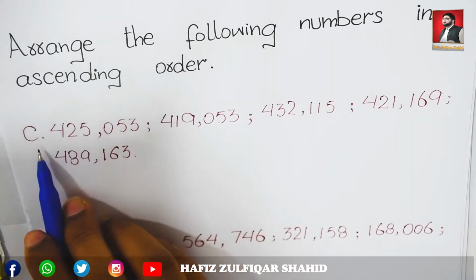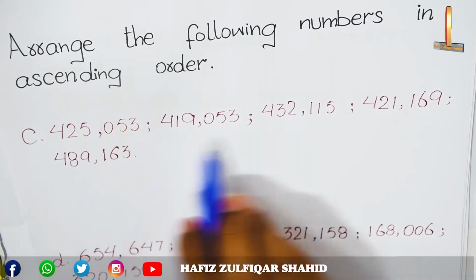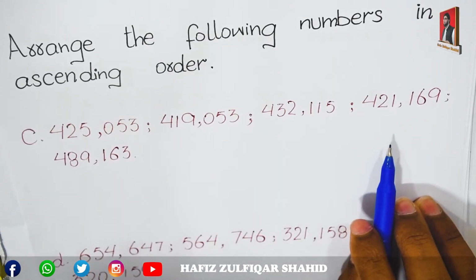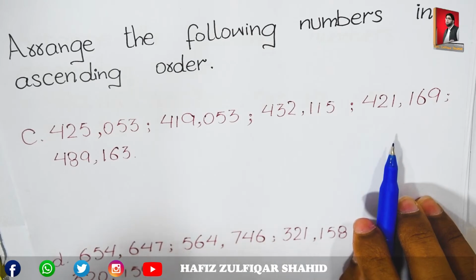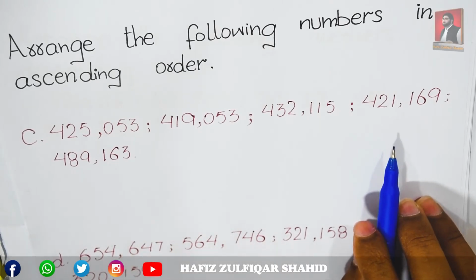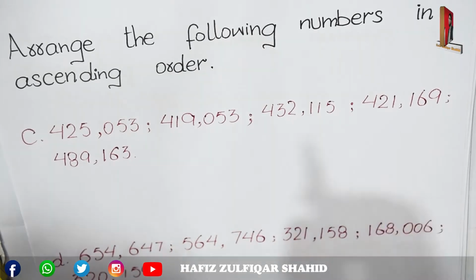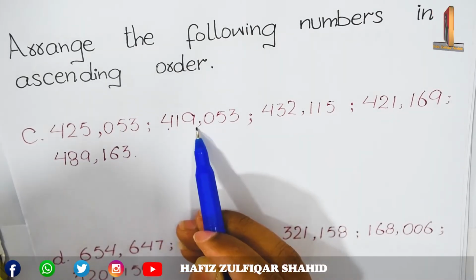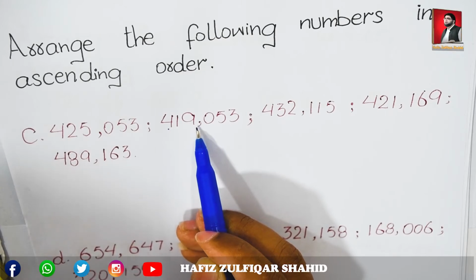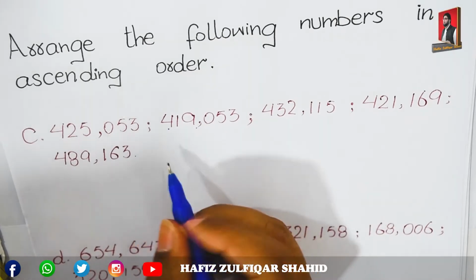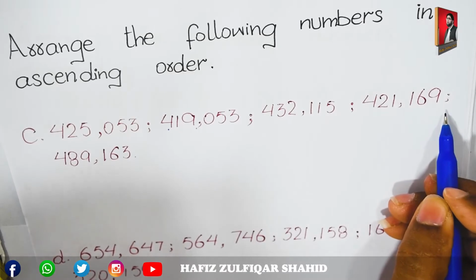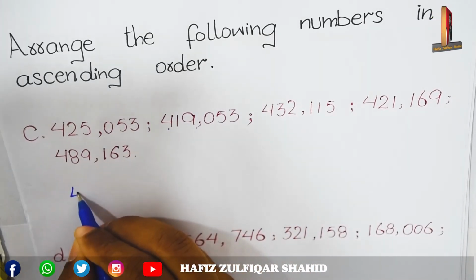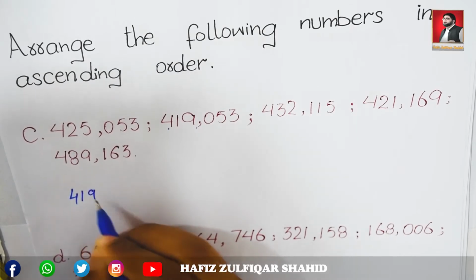Now find out which number is smallest. In the given numbers we can see that 419,000 is the smallest one if we compare with the others. Let's write it first.